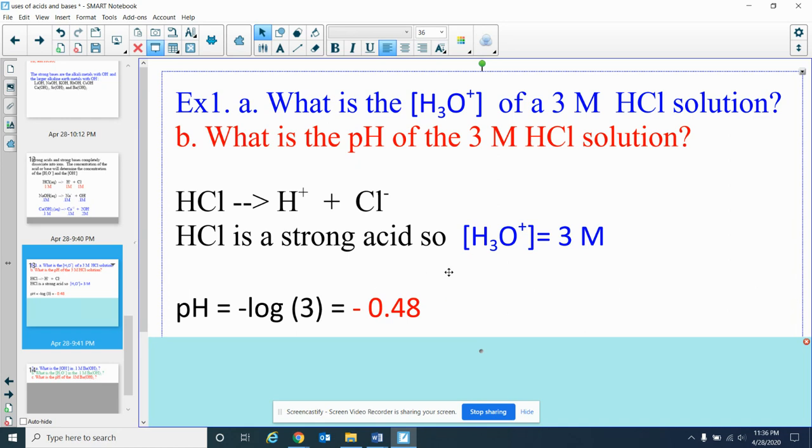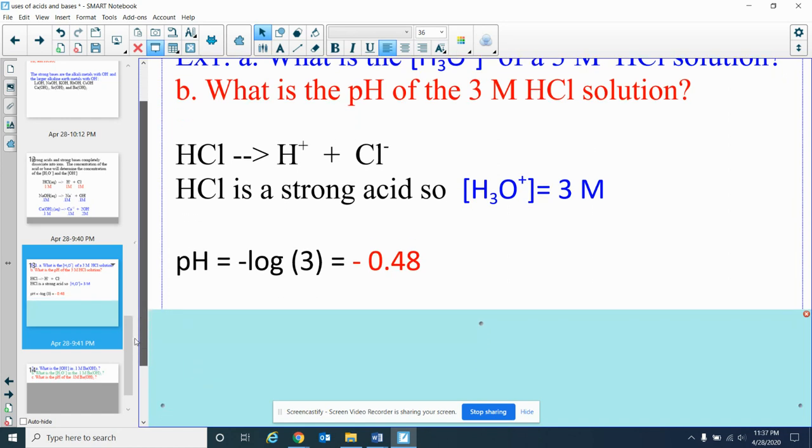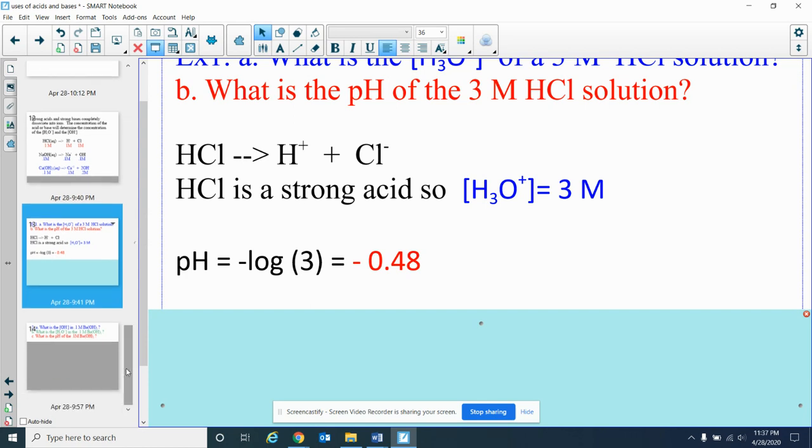So when we know the H3O plus concentration from the acid's concentration, we just take minus the log of that. And notice we get a pH of negative 0.48. So sometimes the pH can be negative. That's a strong acid, and 3 molar is fairly concentrated, so we come up with a pH of less than 0. You do not want to have that sitting on your skin or get it in your eyes. That's a strong acid.